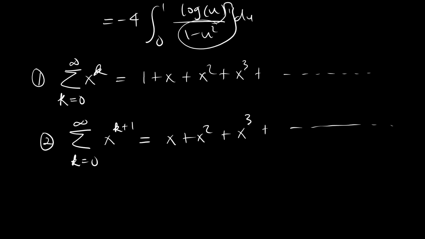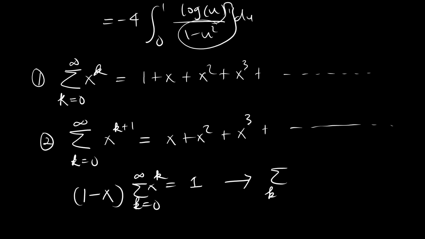In other words, 1 minus x is equal to 1, meaning that our summation from k equals 0 to infinity of x to the k is equal to 1 over 1 minus x.